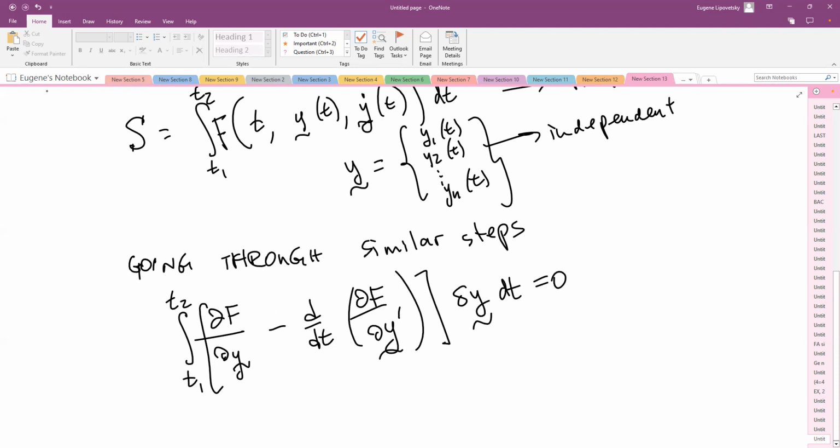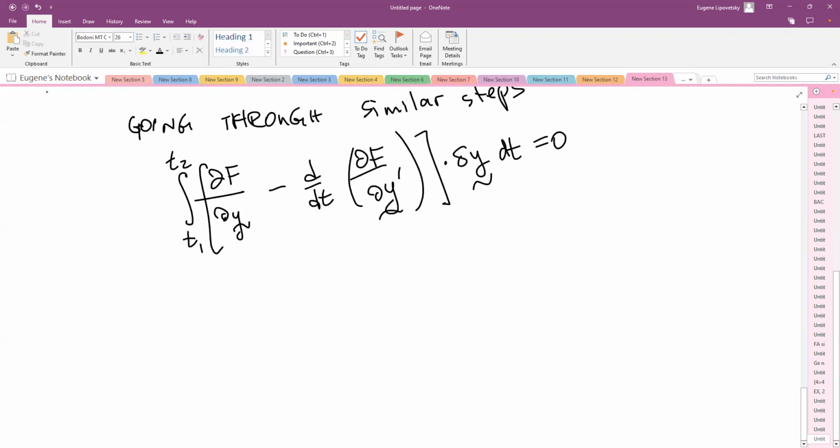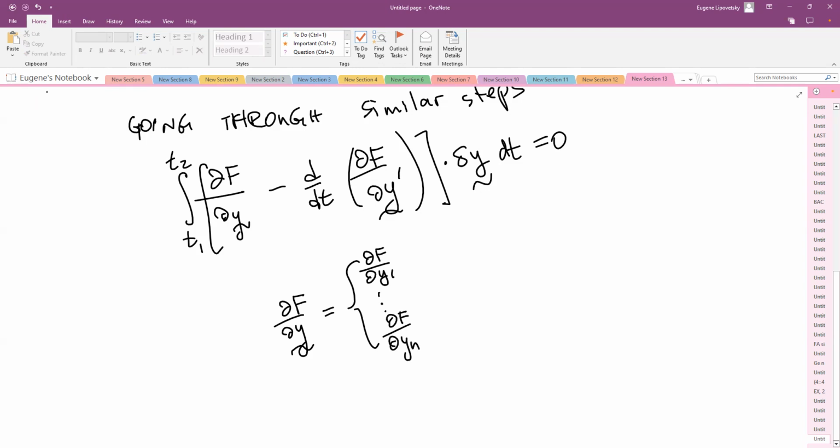Here, what this means is actually a dot product. So here is what happens: df over dy tilde is df over dy1 all the way to df over dyn.